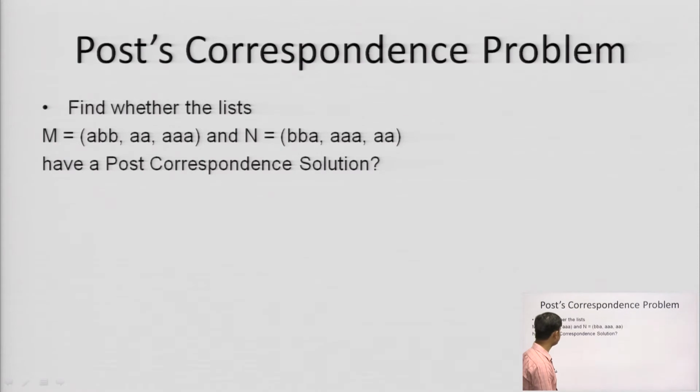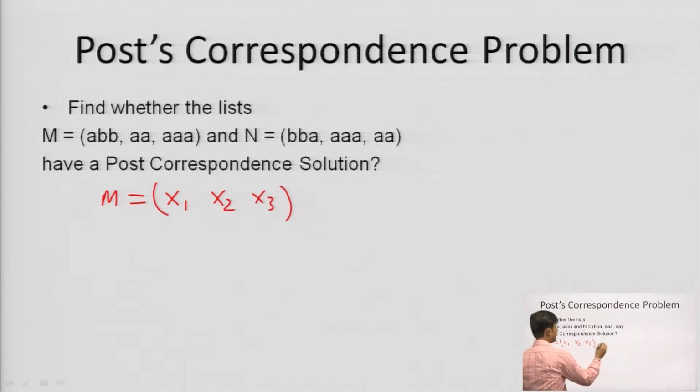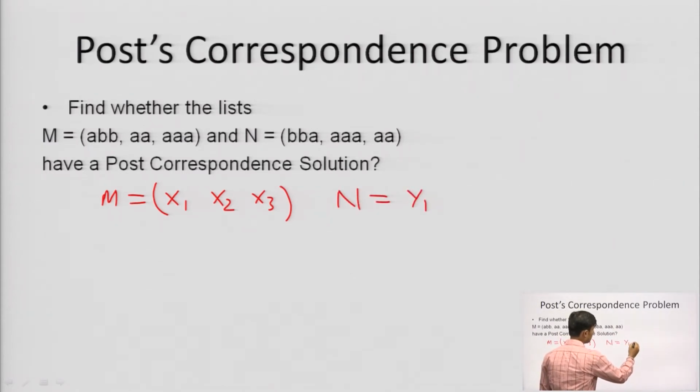Here two lists, M and N, are given. M contains x1, x2 and x3, and N contains y1, y2, y3.